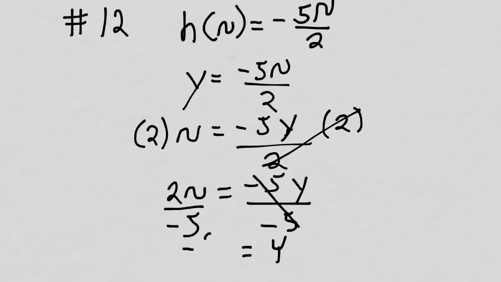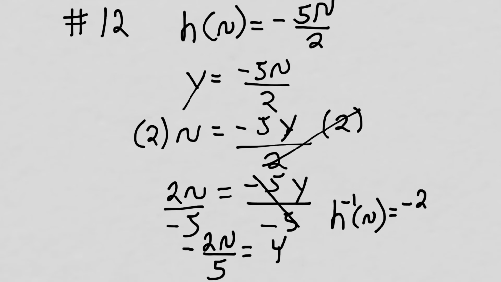We can just make this -2n over 5, since it's only one negative sign. Cleaning this up to write it in the proper form, we know that the inverse is written like this, and it is equal to -2n over 5.